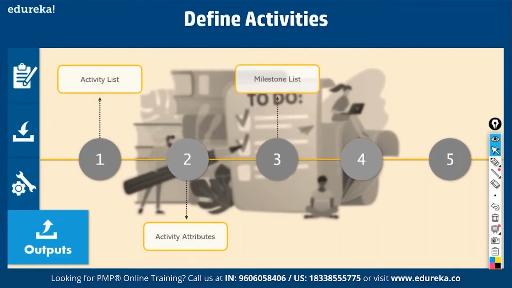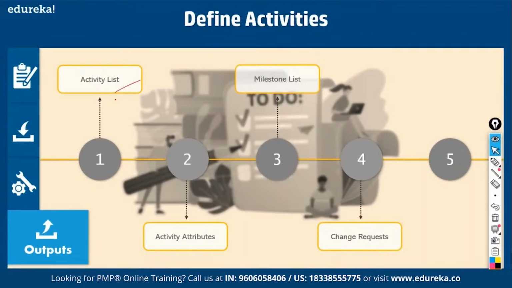What are milestones? Milestones are significant events in the life of a project. For example, for a business analyst, requirement sign off is a milestone. For a product owner, the date on which you have to take the product out to the market is a milestone. For a project manager, budgetary check is a milestone. So if there are any milestones attached to activities, that also you have to mention along with the activity list. Fine. Then what else?